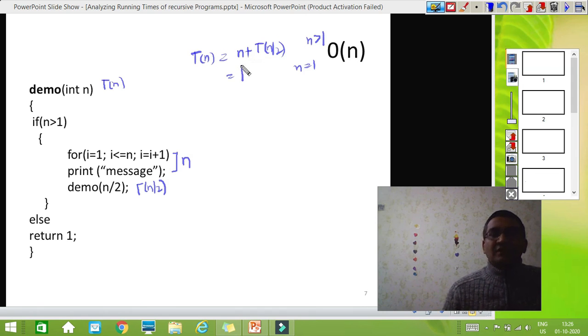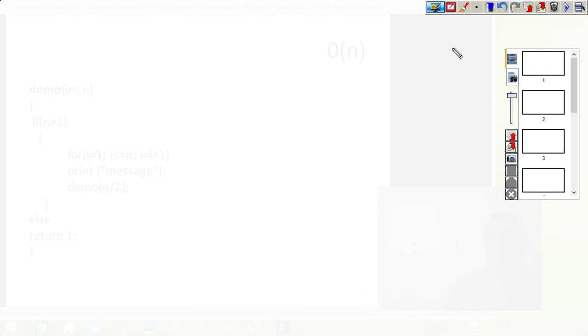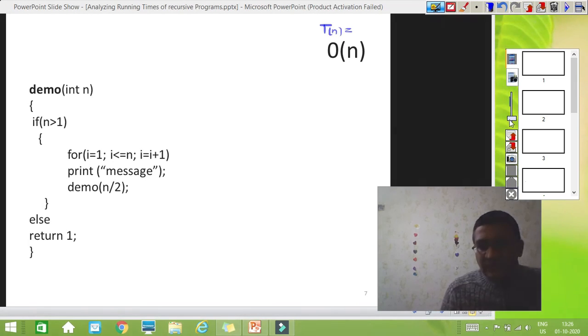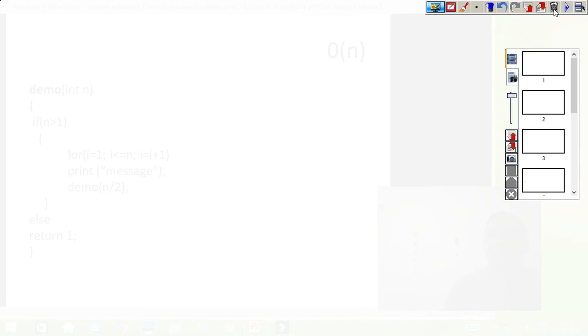Okay, let's see how to solve this equation. So our equation is T(n) = n + T(n/2) when n is greater than 1, and if n equals 1, then it is 1.